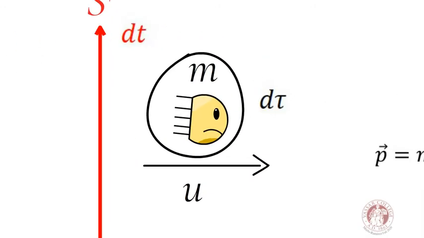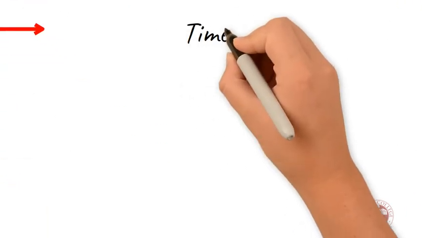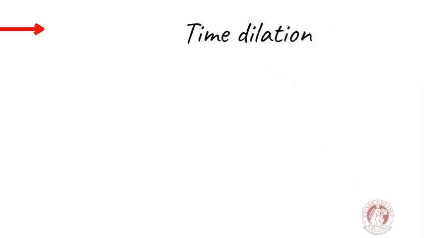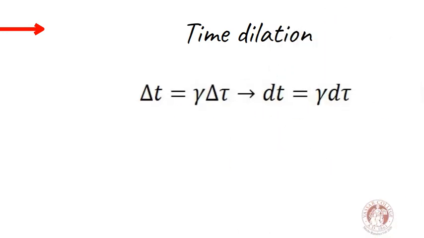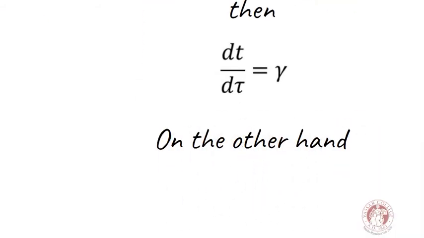This step is natural if you think of the proper time of the particle, and apply the time dilation equation in the differential form, as follows. Then, we see that the derivative of t with respect to tau is the following. On the other hand, if we apply the chain rule to the classical definition of the momentum, we get the following.